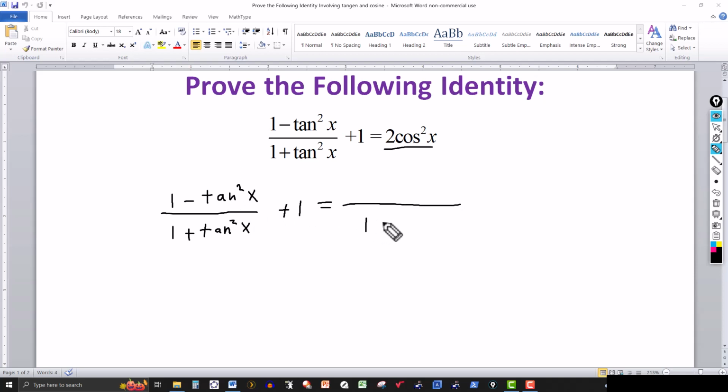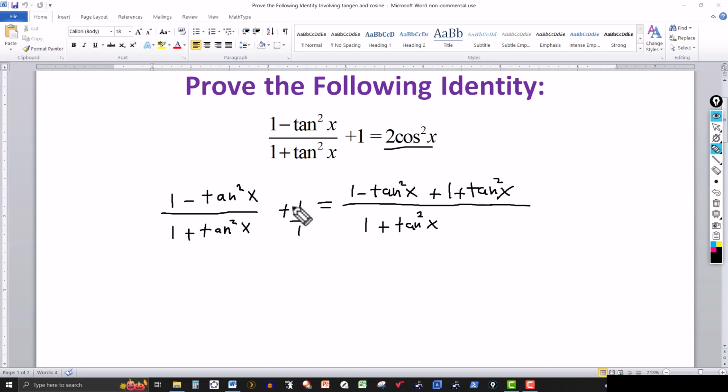Lowest common denominator here is 1 plus tangent squared of x, and this will be 1 minus tangent squared of x here, and then we can write this as 1 over 1 and multiply numerator and denominator by 1 plus tangent squared of x. So I have the same denominator now, so I can just write it this way. So that's what we have.